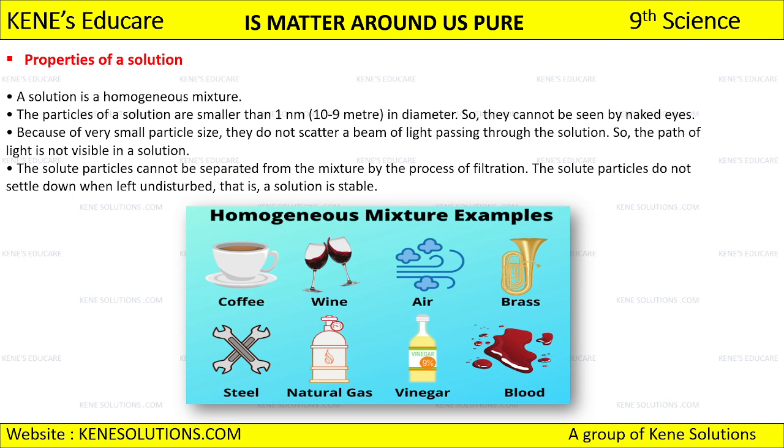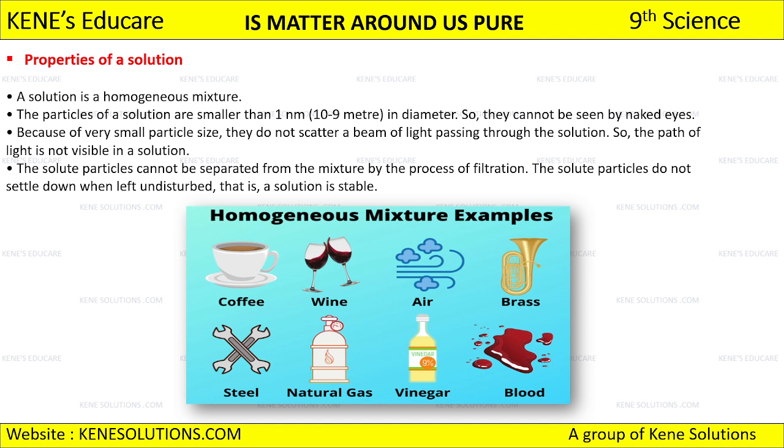Now see, a solution is a homogeneous mixture, and over here the particles of a solution are going to be smaller than 1 nanometer. That is, 1 nanometer is equal to 10 raised to minus 9 meter in diameter. So they cannot be seen by the naked eye. Because they are very small in size, a solution cannot scatter a beam of light passing through it.